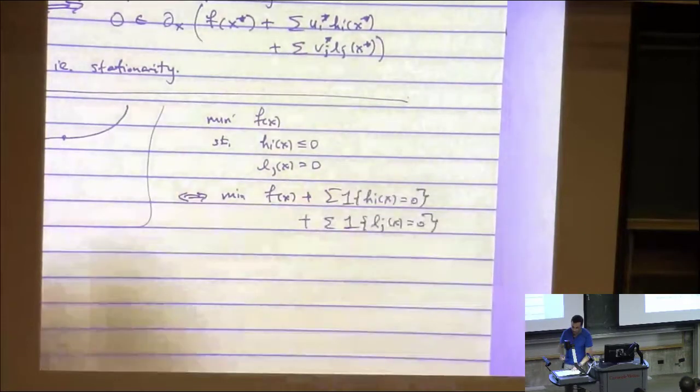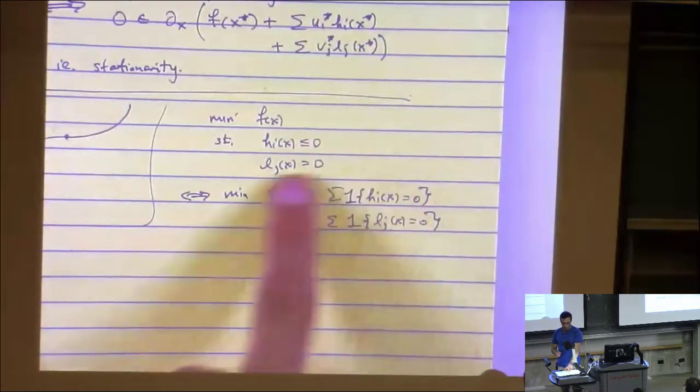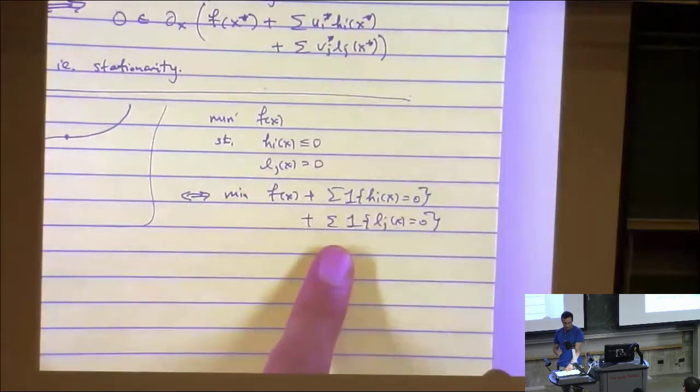These problems are equivalent. This one does not have constraints. Now I can take a subgradient of this criterion with respect to x, set it equal to 0, and that is a necessary and sufficient condition for optimality.